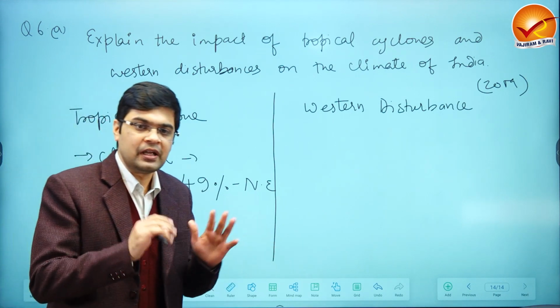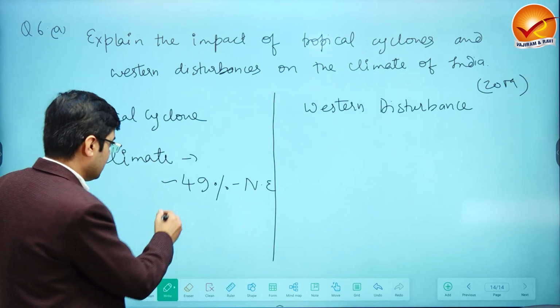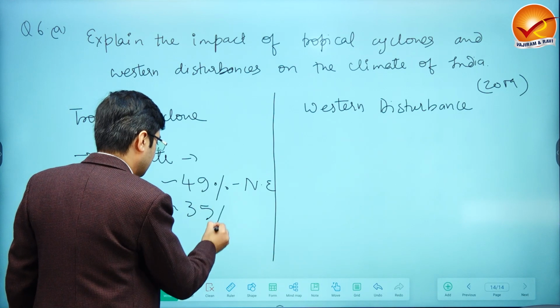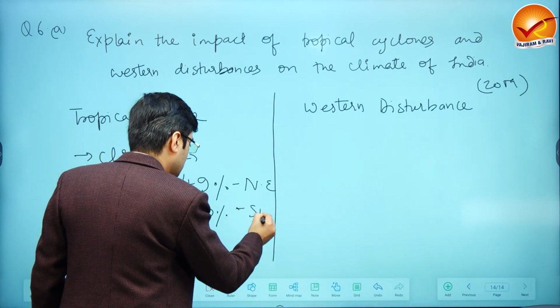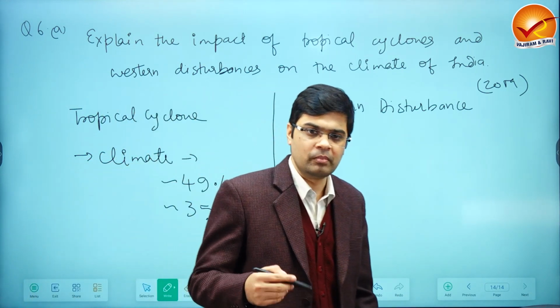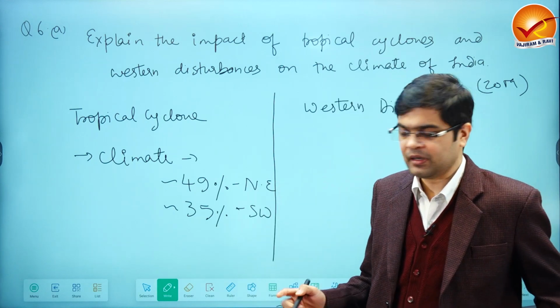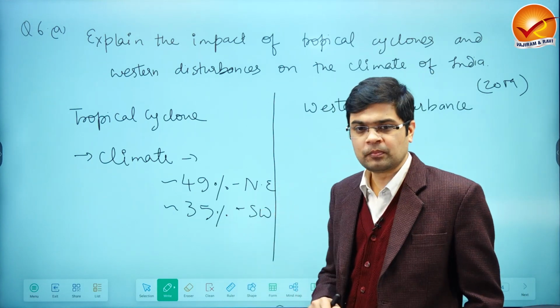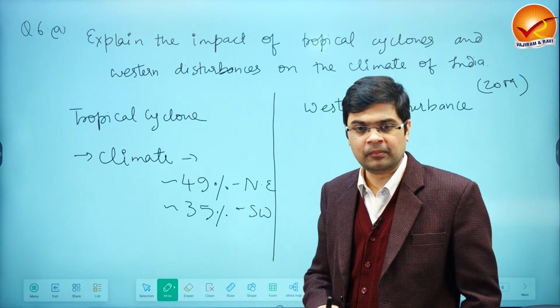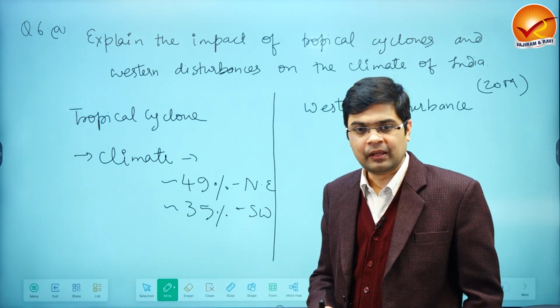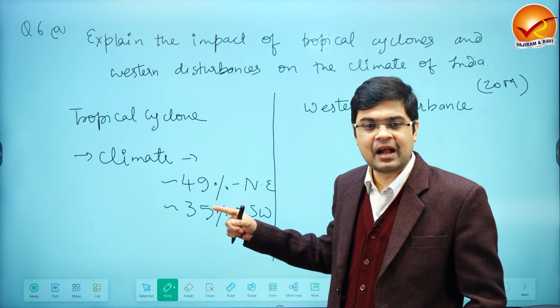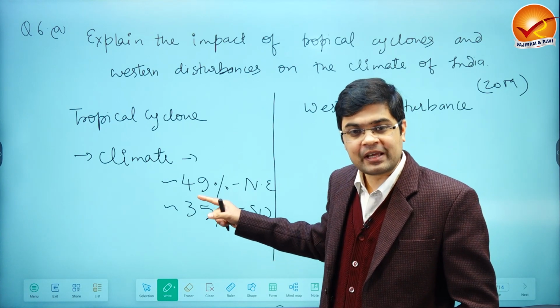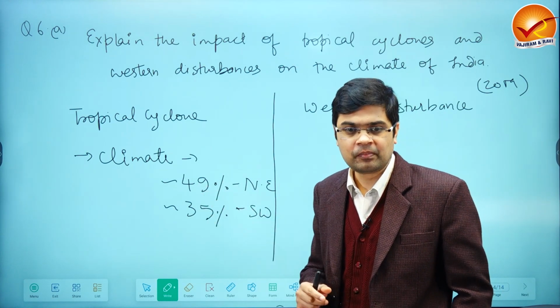Some amount of rainfall in Tamil Nadu, around 30-35%, is from the southwest monsoon, the areas around Coimbatore, Nilgiri. There the rainfall is from the southwest monsoon. What about the rest of the rainfall? Can I say the rest of the rainfall is largely because of the cyclones that affect this area?